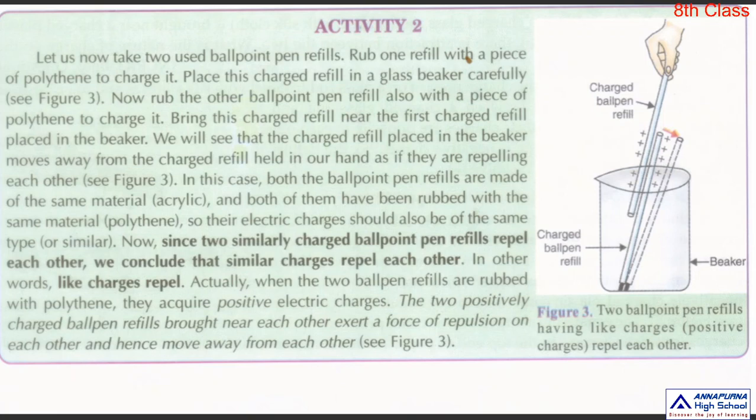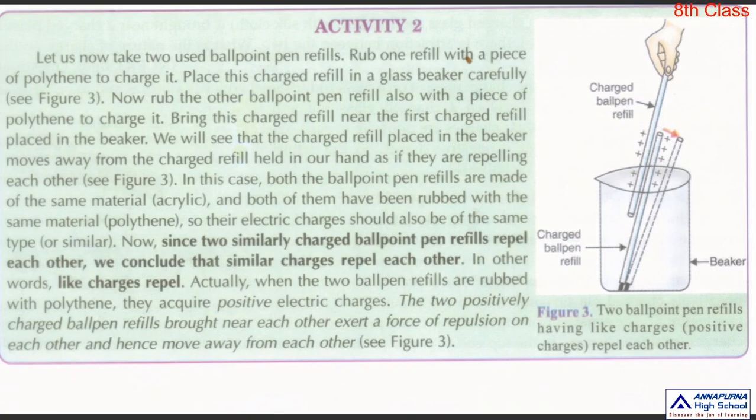Hold one end of this refill with your hand, and rub the other end with a silk cloth or polythene sheet. Here the materials are a plastic refill and a piece of polythene sheet. While rubbing, one end is held with your hand and the other end is rubbed with the polythene sheet.